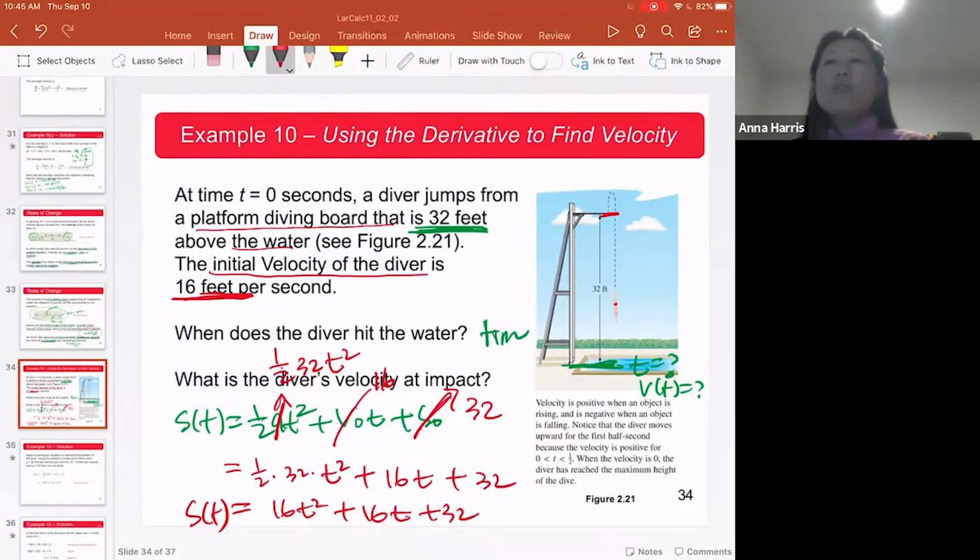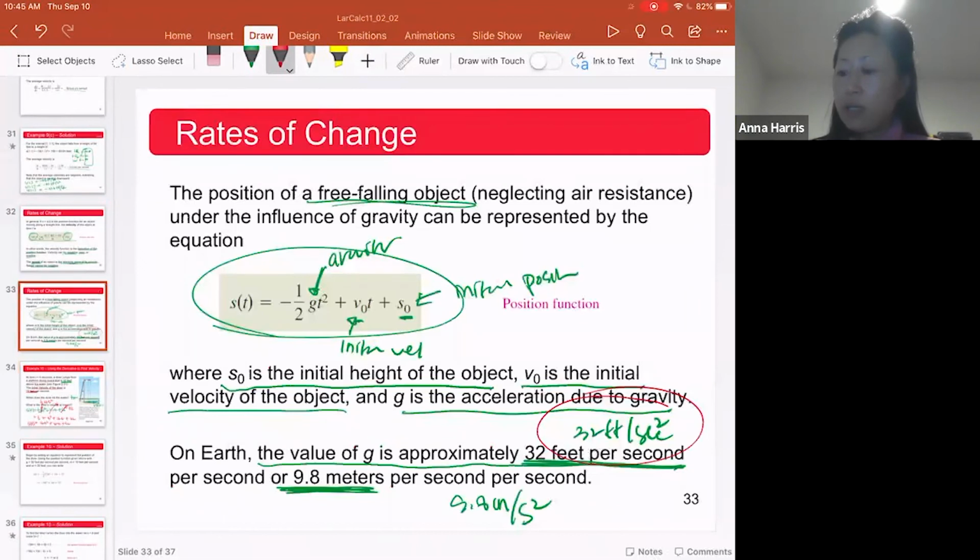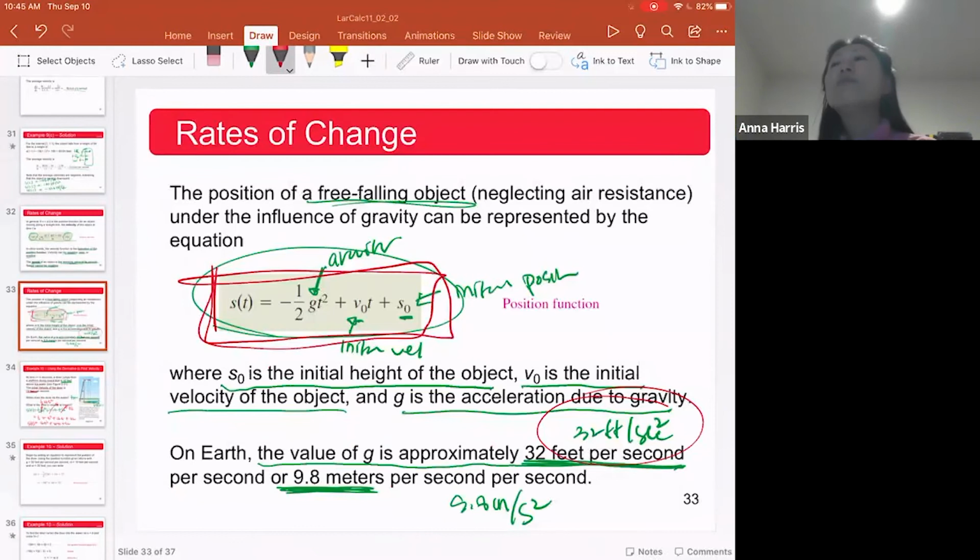So for your homework problem, they are not going to give you any formula because they expect you to know this. They expect you to know this because it is a very common formula that almost everybody knows. I guess if you take a physics class, they will know this one. Okay, you will use this one. So you need to know your position function is always like this: negative 1/2 G t squared plus V naught t plus S naught.